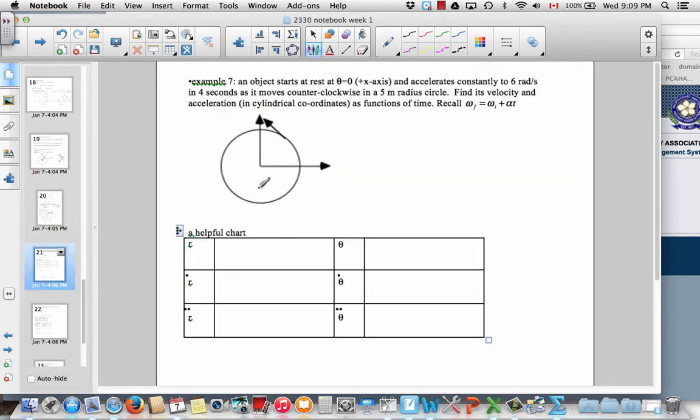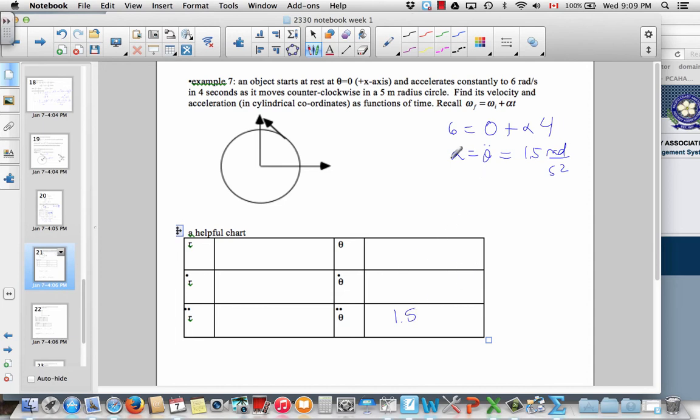So now let's add in acceleration. This object is going to start off at rest, and it's going to speed up to 6 rads per second in 4 seconds. So you're going to get now an angular acceleration, alpha, of 1.5 rads per second squared.